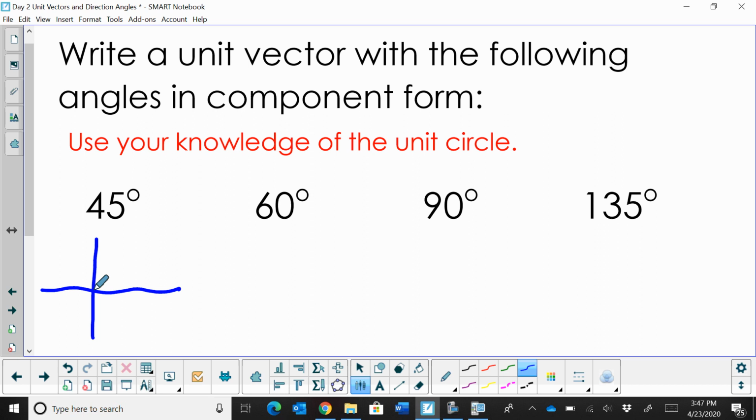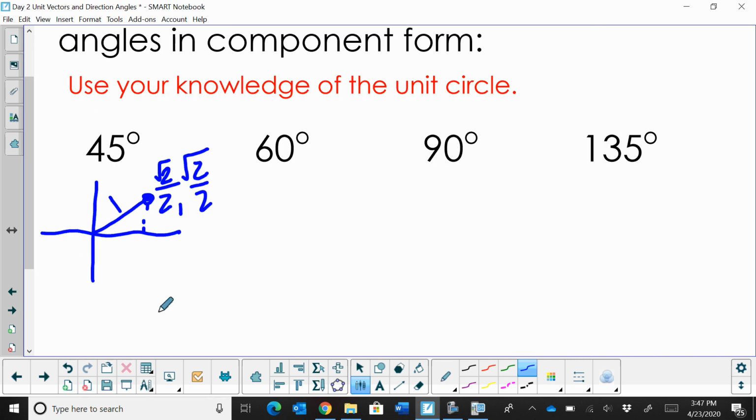We know at 45 degrees, the values on the unit circle are root 2 over 2 and root 2 over 2. So that means our unit vector with a hypotenuse of 1 is simply those two coordinates. So as a vector, we would write the vector root 2 over 2, root 2 over 2. And that's true for all of them, okay?